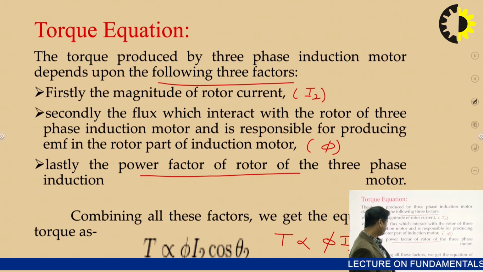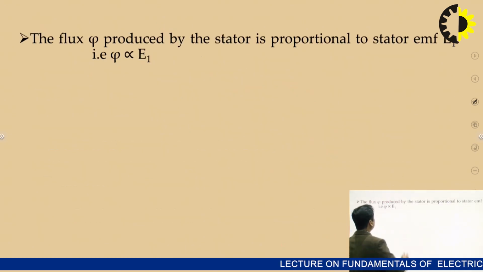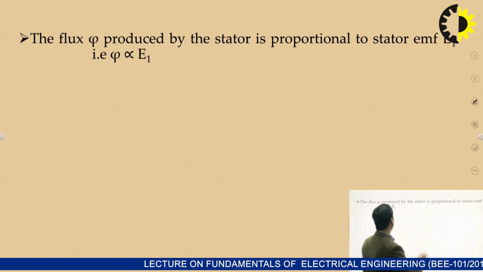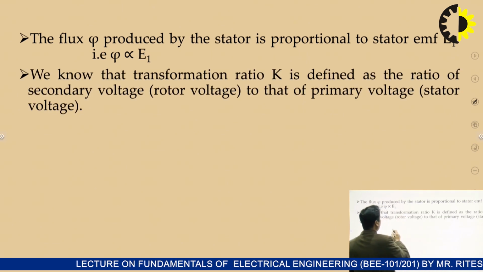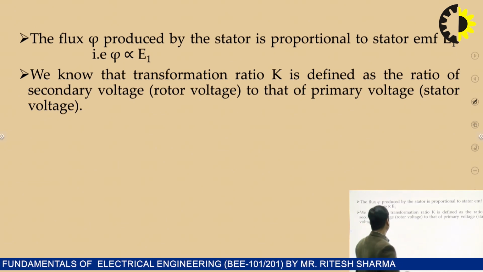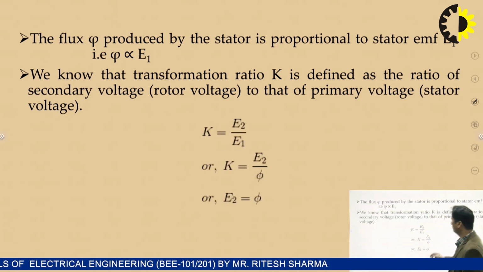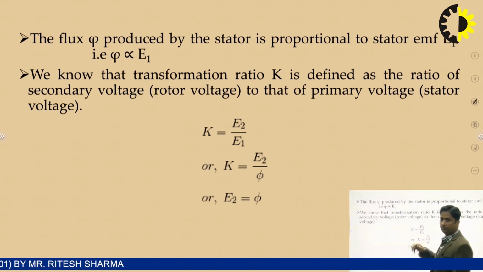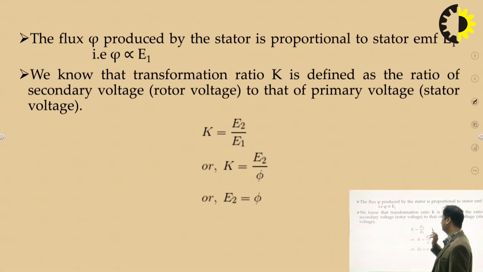Now we can see that the flux phi which is produced by the stator is proportional to the stator EMF. So phi is proportional to E1, and hence we know that according to the transformation ratio, K is equal to E2 by E1. E2 is the rotor side voltage, a per phase voltage, and E1 is the stator side voltage, because these windings are three-phase windings, stator and rotor.